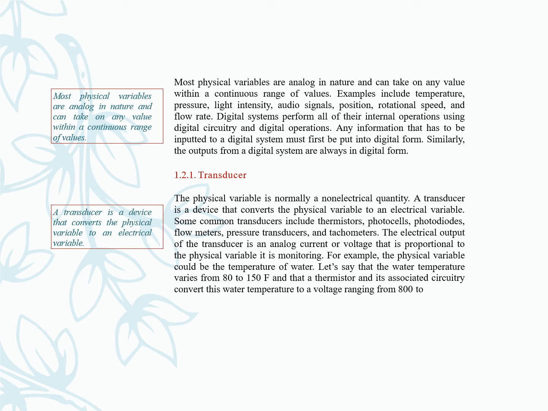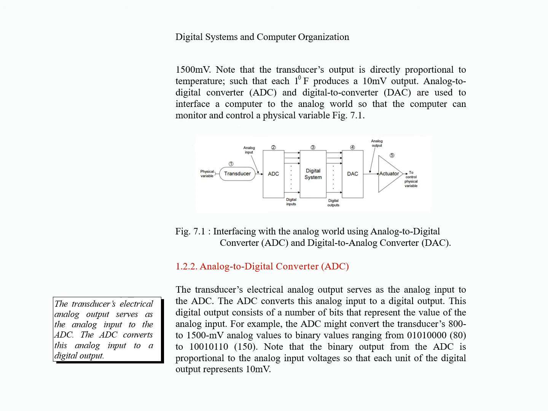Let's say that the water temperature varies from 80 to 150 degrees Fahrenheit, and the thermistor and its associated circuitry convert this water temperature to a voltage ranging from 800 to 1500 millivolt. Here you should note that the transducer's output is directly proportional to the temperature, such that each 1 degree Fahrenheit produces a 10 millivolt output.